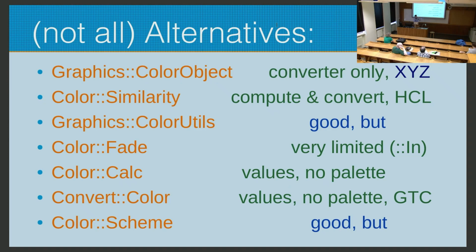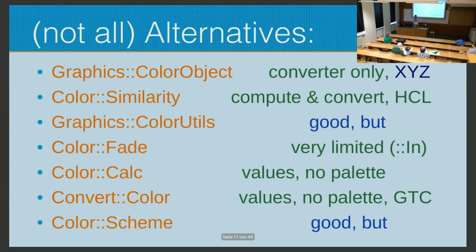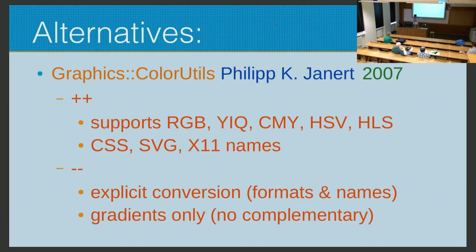And so you have all the color spaces in one place; if you want to convert into a space, you need that module, and it's not ideal. That's why I said, the first, you maybe noticed they are sorted by age. Even though it's the oldest, it's one of the best modules, Color Object. But it almost only converts. But it's a very good module.